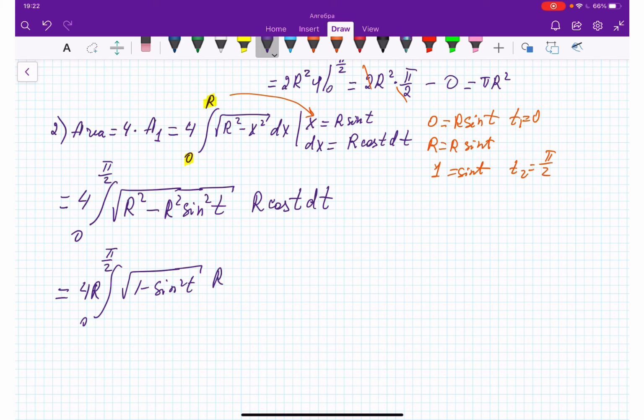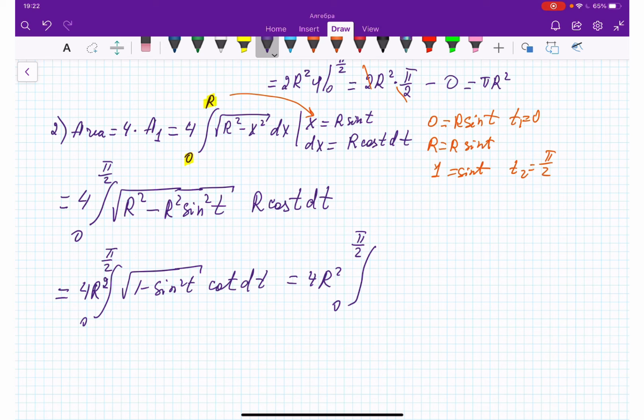So this r also I can take out actually, and here it's going to be r squared, right? And I will have here cosine t dt.